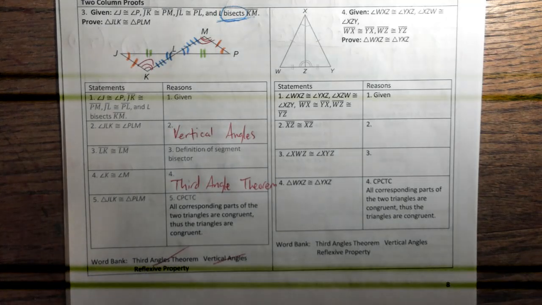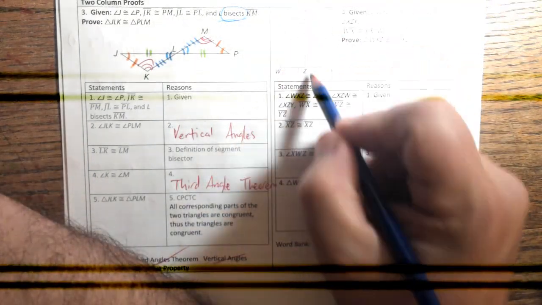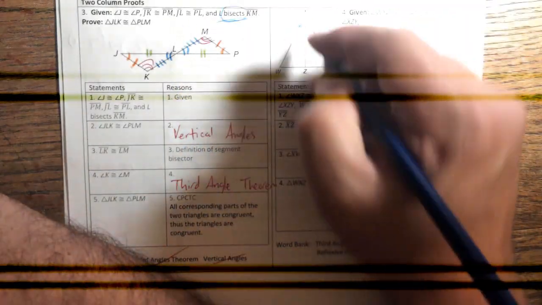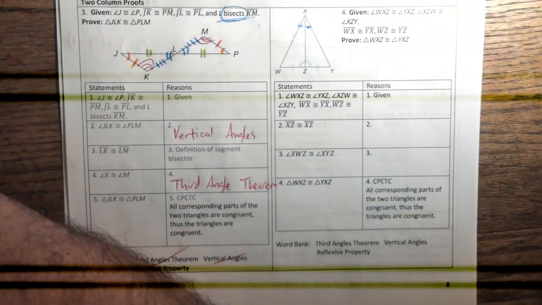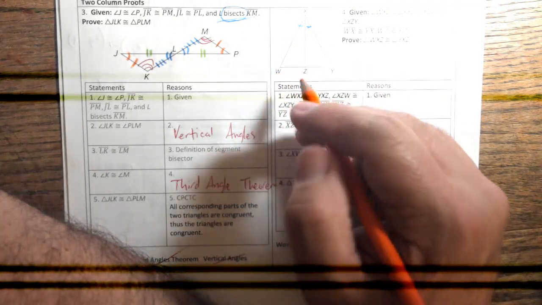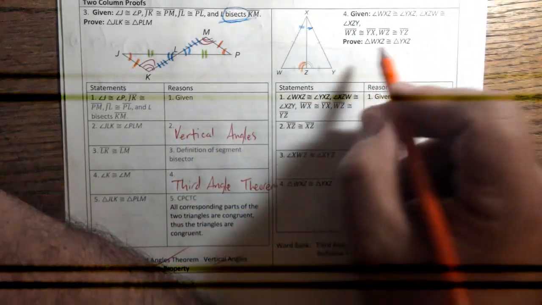All right, number 4. Our givens are up here. So it says that WXZ, so this side, is congruent to YXZ, this side. And XZW, this side, is congruent to XZY, this side.